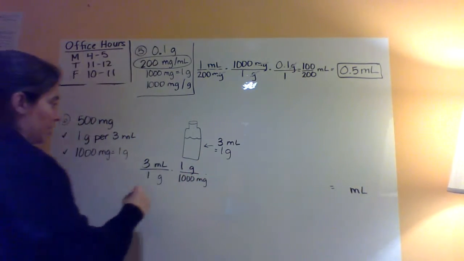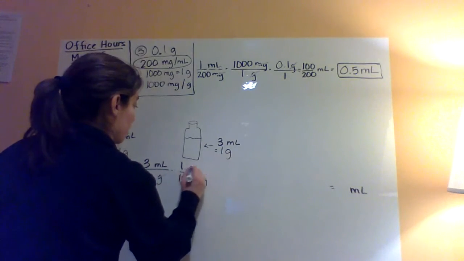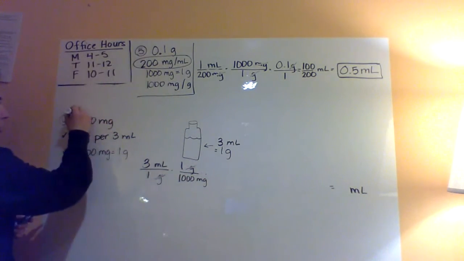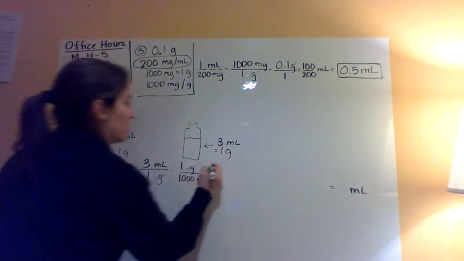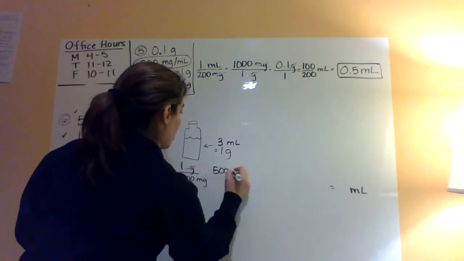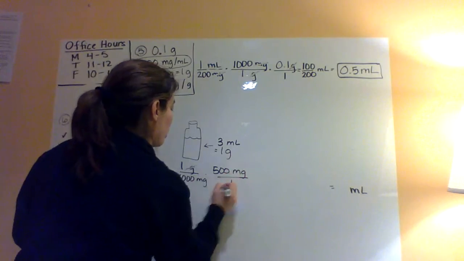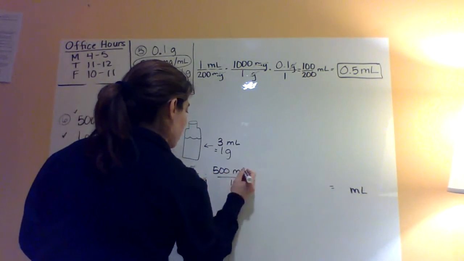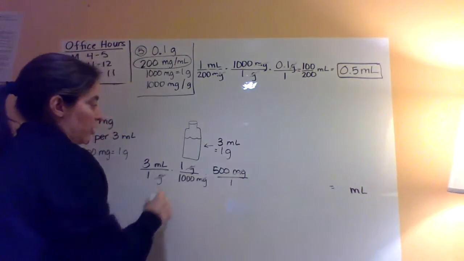I do not want milligrams in my answer either, so those are going to cancel out using this. Again, since this is just a single piece of information and not a ratio, I'm just going to put it over 1. Now my milligrams cancel out, and I am left with just milliliters.